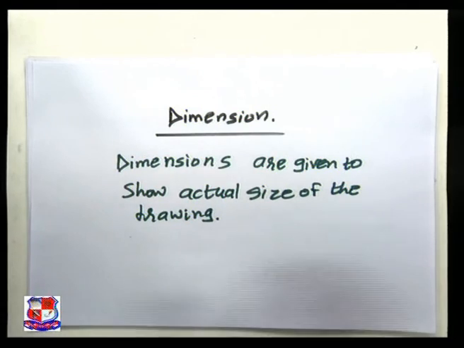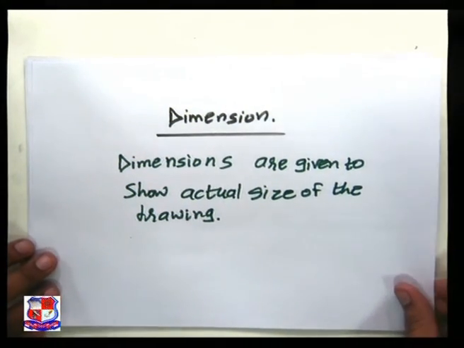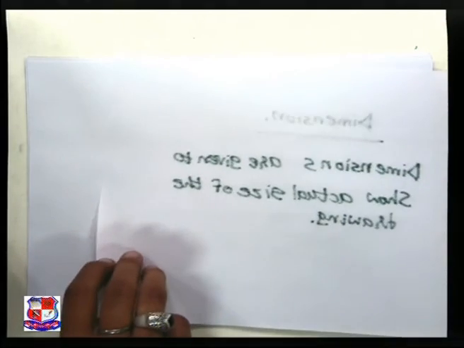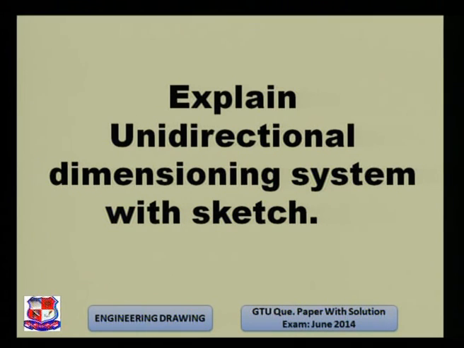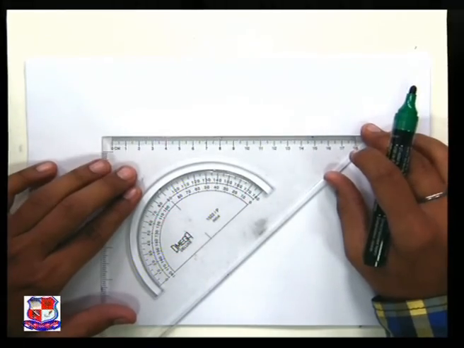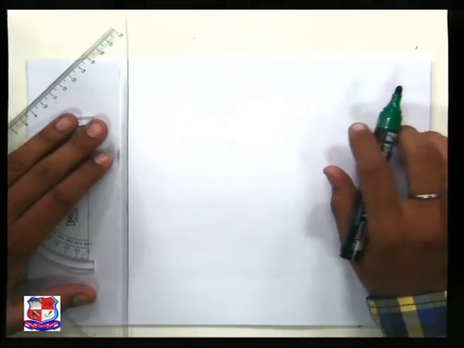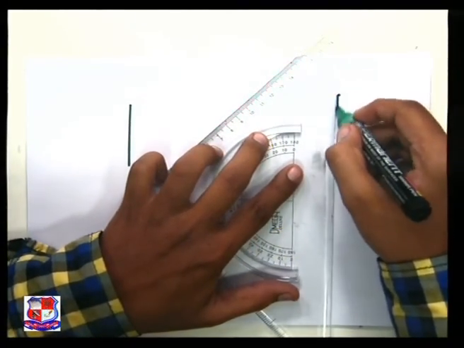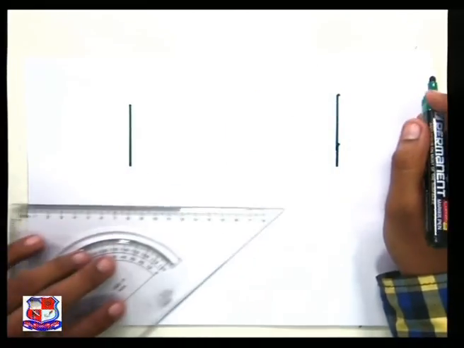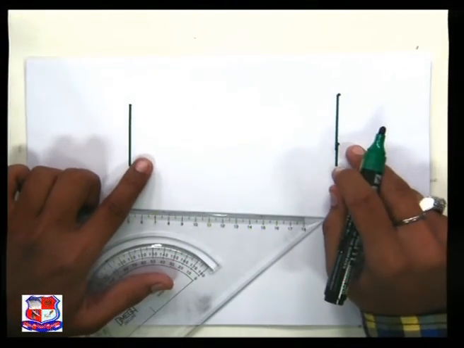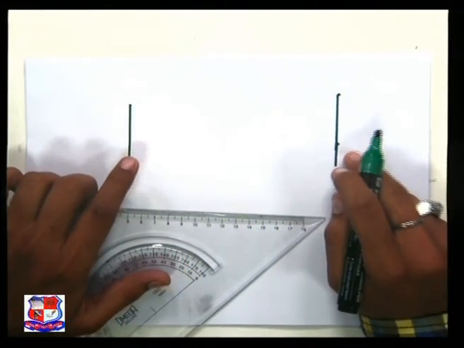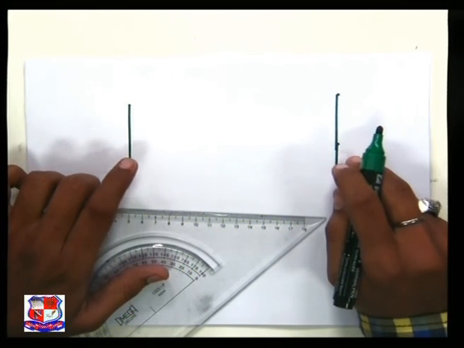Now there are some parameters of the dimension. First one is the leader line. These leader lines indicate that in between these we need to measure the dimension.